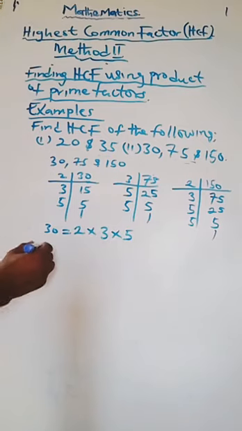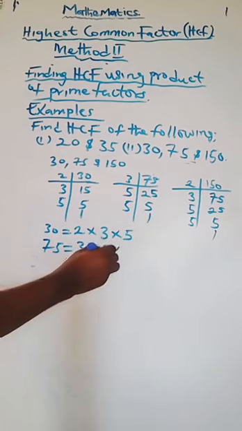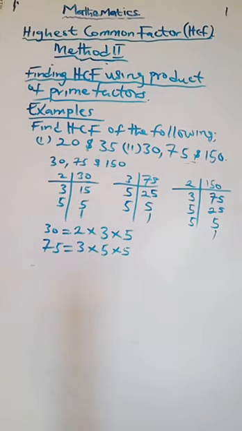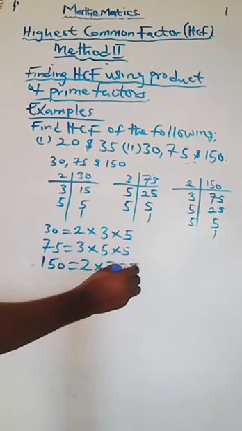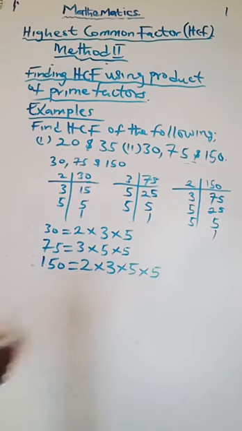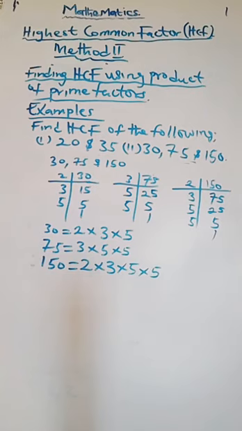Right? 75 is 3 times 5 times 5. 3 times 5, 15. 15 times 5, 75. Then 150 is 2 times 3 times 5 times 5. Alright? 2 times 3 is 6. 6 times 5, 30. 30 times 5, 150.